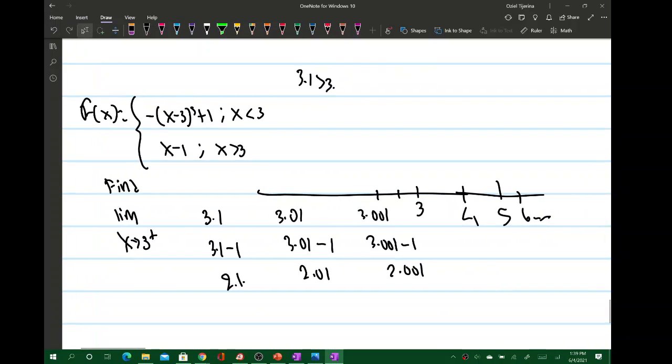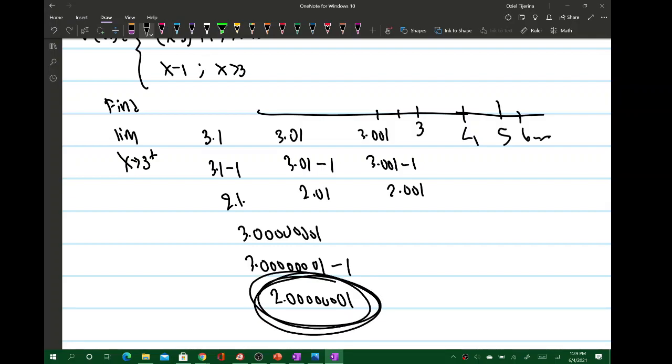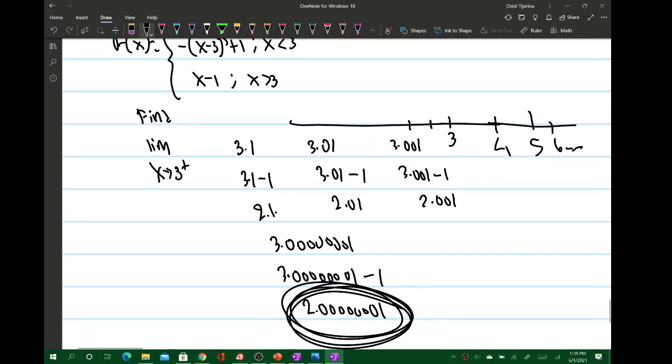And if I keep going and going, if I say 3.000000001 minus 1, this is 2.000000001. So what does this mean, really? If it keeps adding zeros, what will it approach?